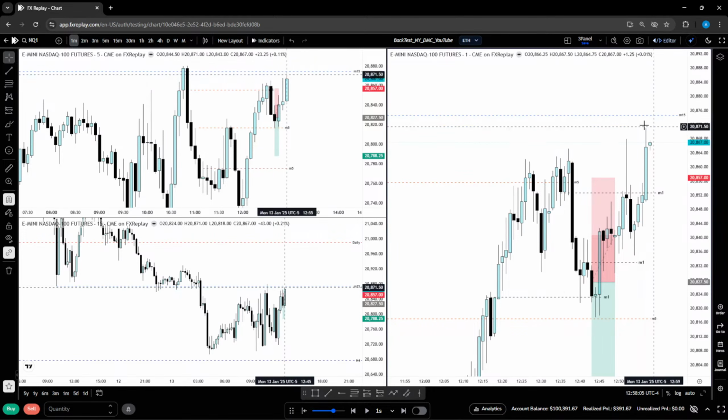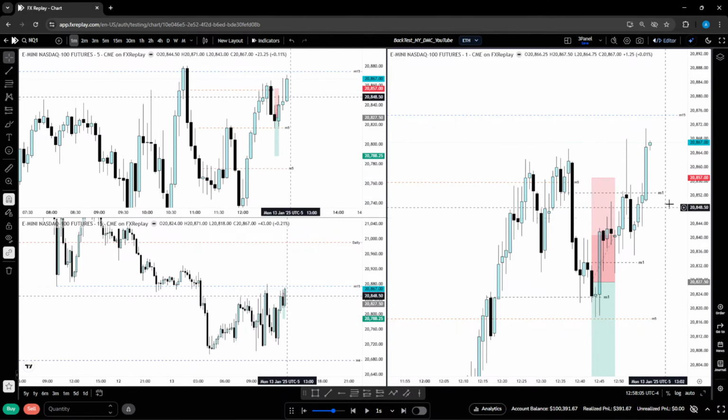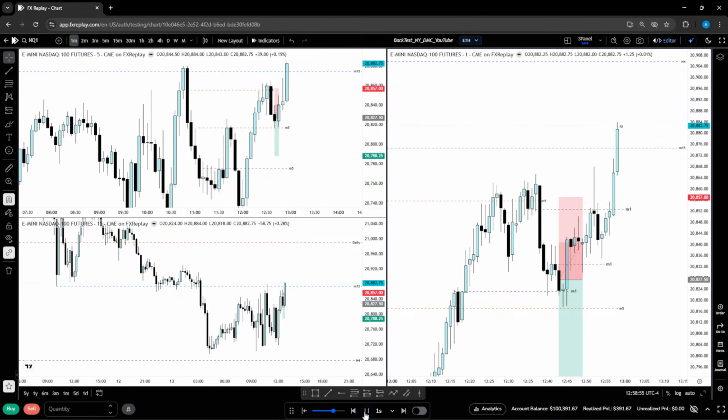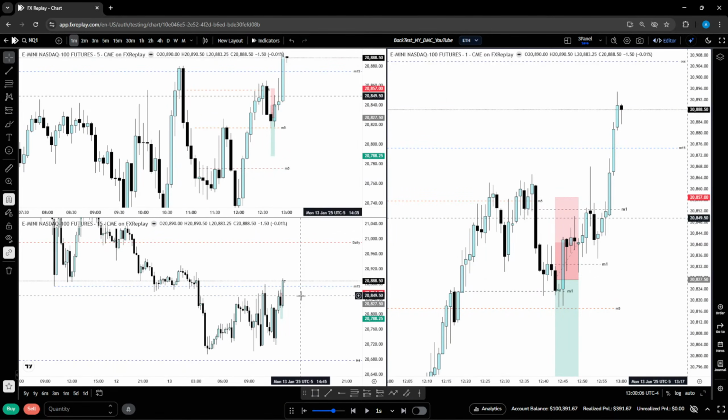Okay, now at least 1 minute closed above the previous body. We're still not at 1 o'clock, so just gonna wait. Okay, so we closed in 15 minutes above the previous high, so the move up is kind of confirmed.